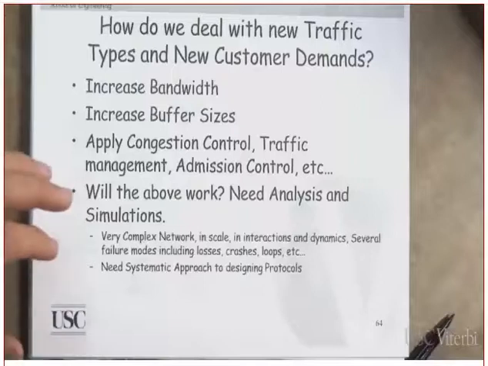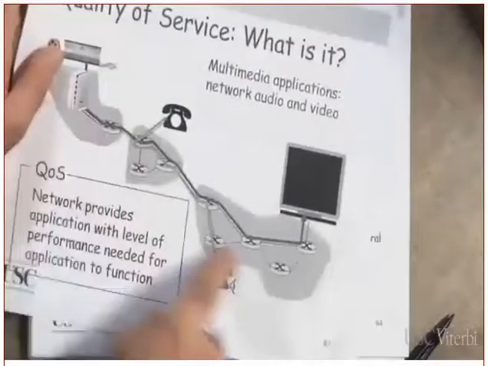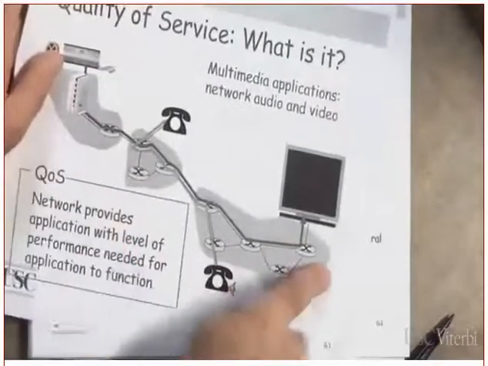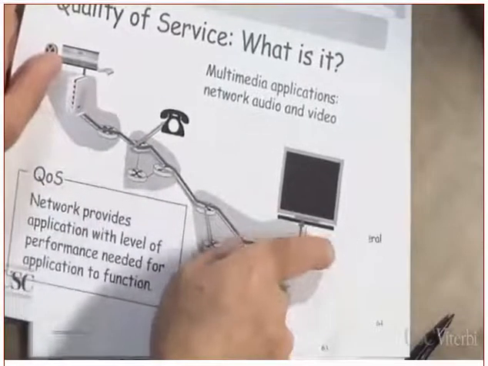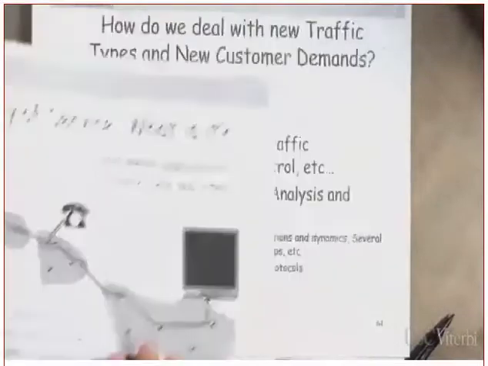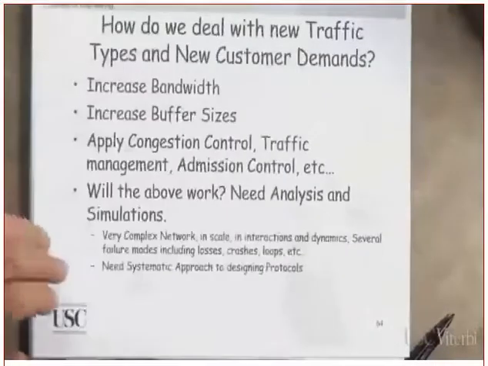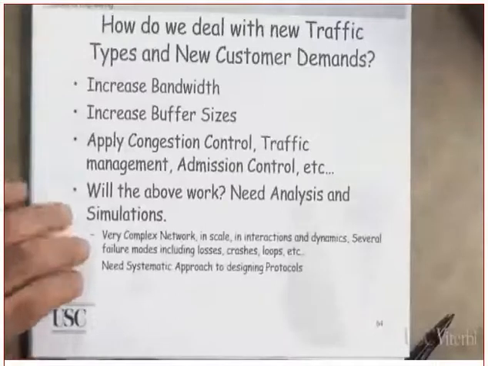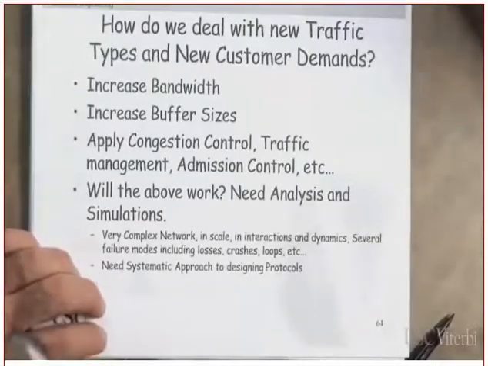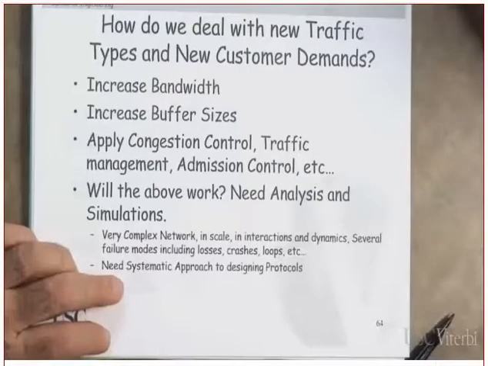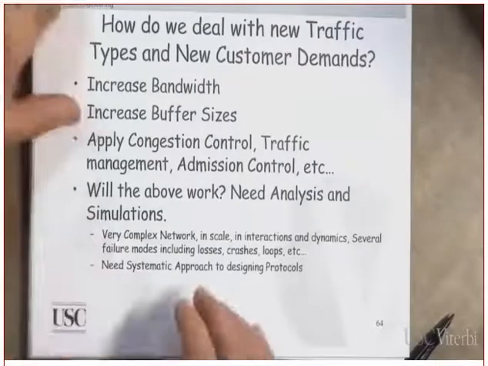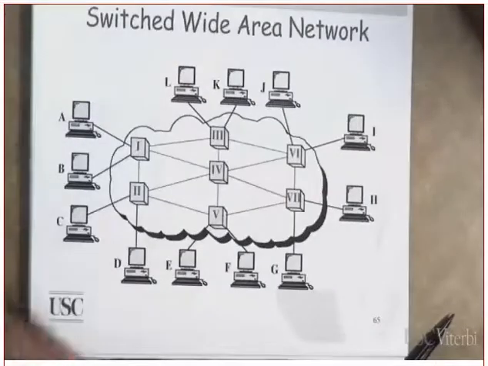So when we are talking about quality of service end to end, the traffic might go through multiple networks. So we need to understand how that will work. It's a very complex network in scale, in interaction, in dynamics, with several nodes and failure modes, including losses, crashes, loops, and so on. So we need to see some systematic way to deal with all of these issues.